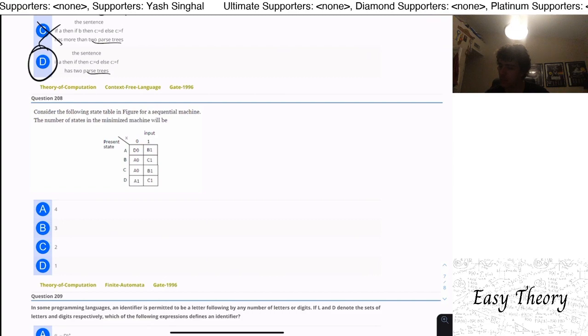We've got a sequential machine. The number of states in the minimized machine will be, so I'm not sure what this notation is.